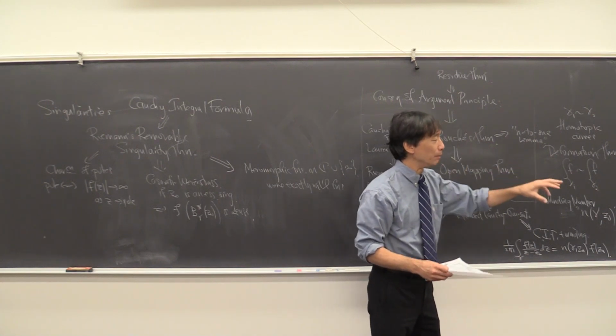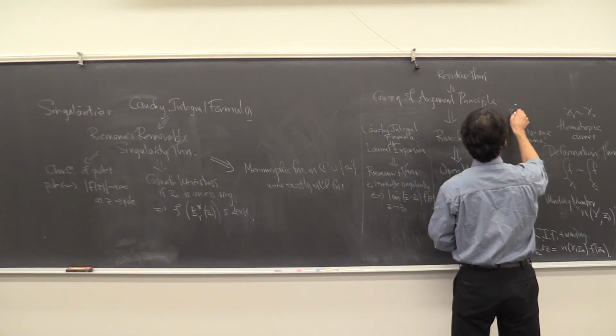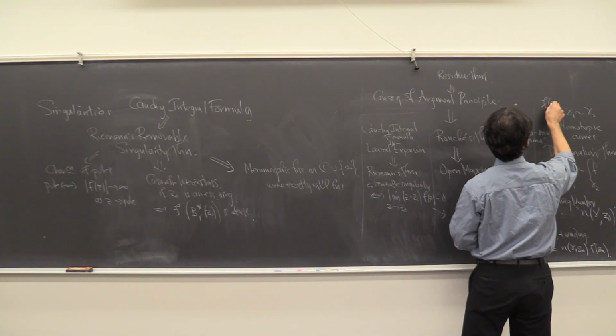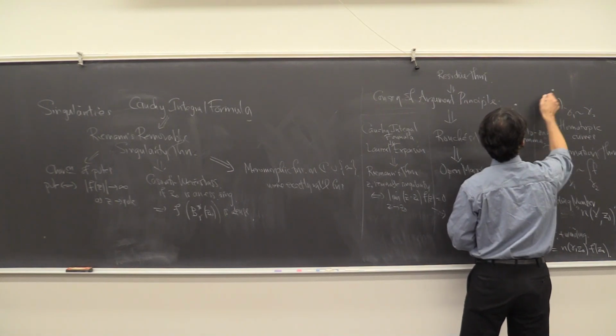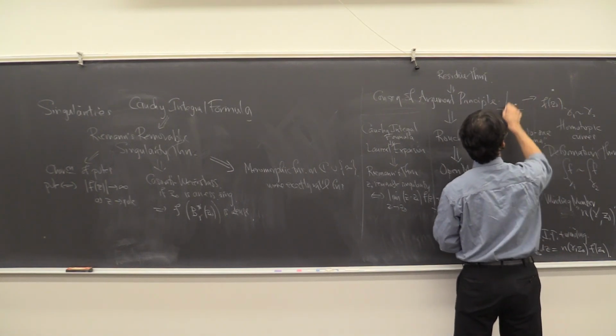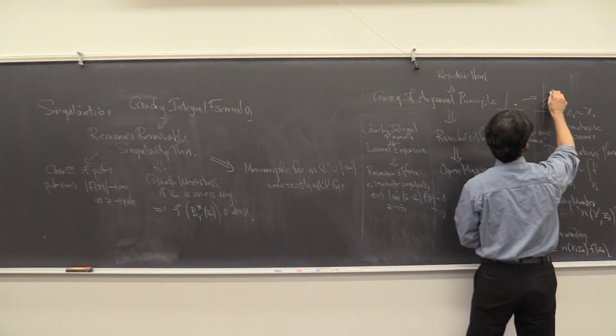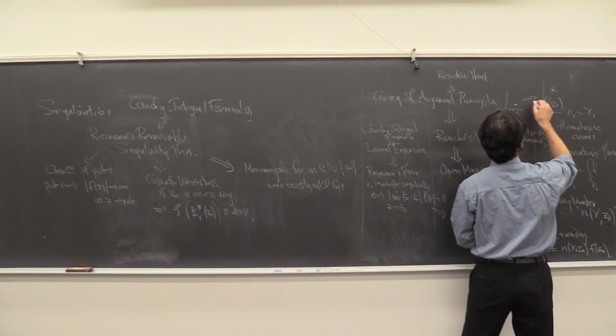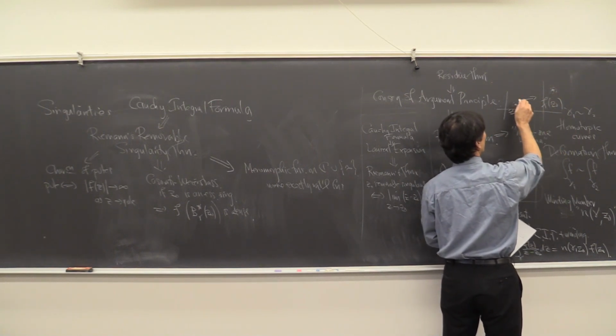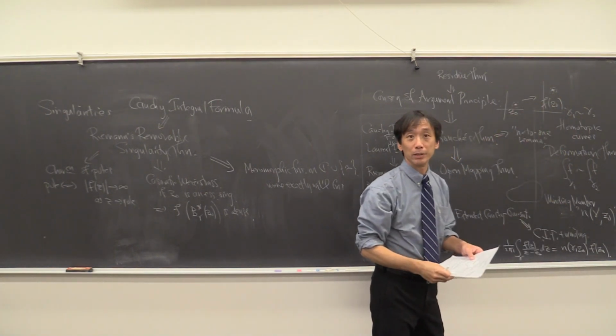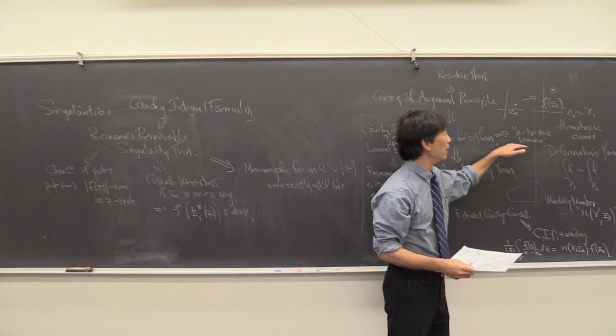You have some point here, and it gets mapped to some other point. Then it's possible to find a neighborhood here that gets covered n times by some other neighborhood here, right? So that was this n-to-1 lemma.